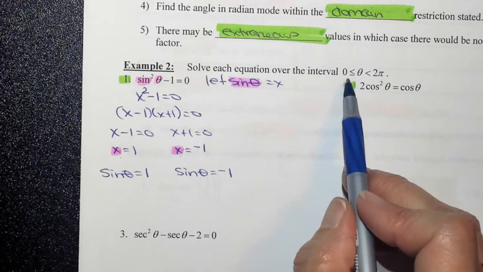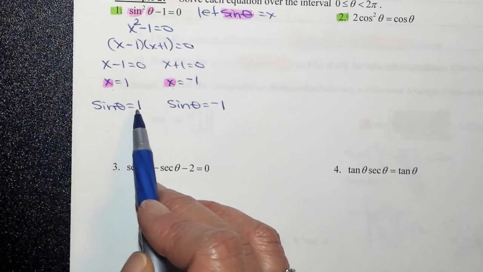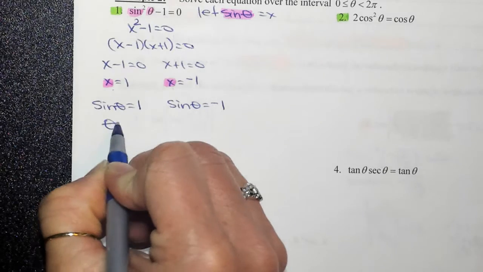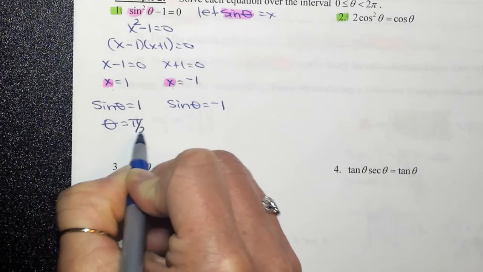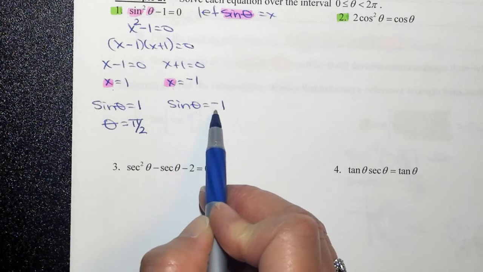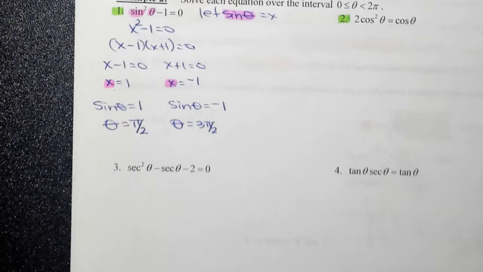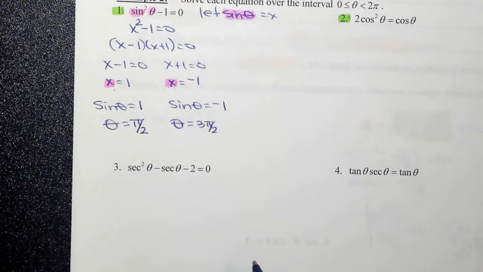On the unit circle from 0 to 2 pi, what angle can I put in here and get an answer of 1? In this case, theta is equal to pi over 2. What angle can I plug in for theta and get negative 1? 3 pi over 2. Those are my 2 answers.